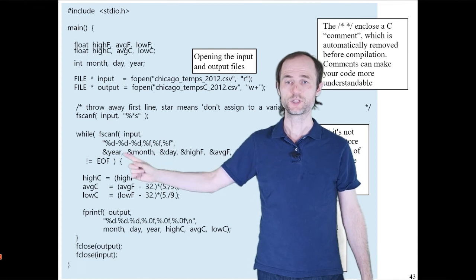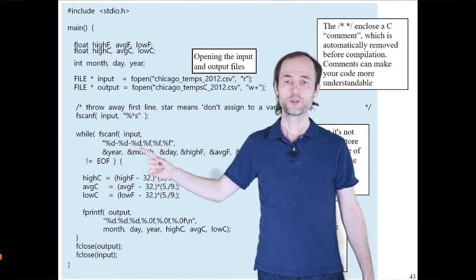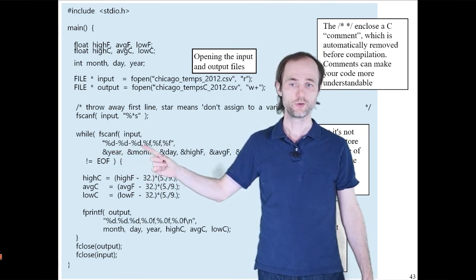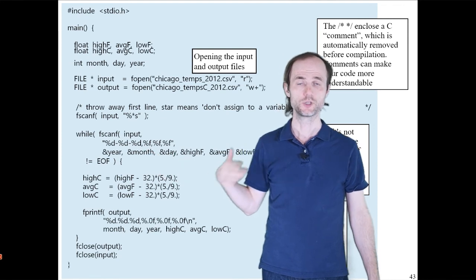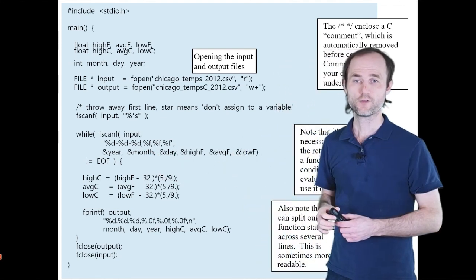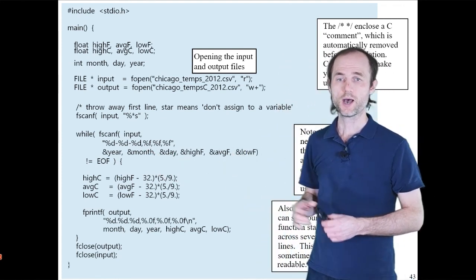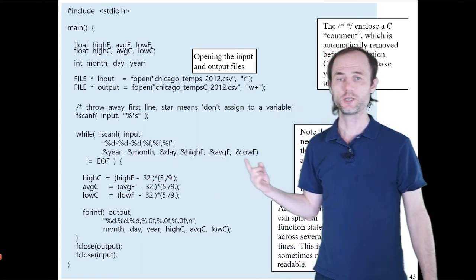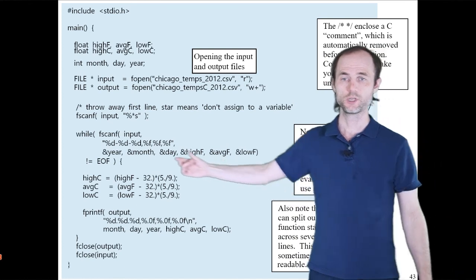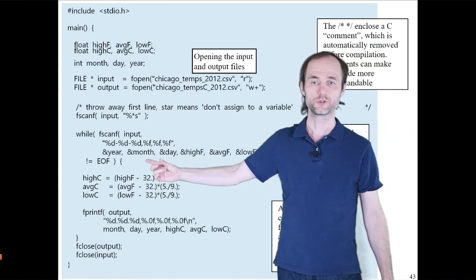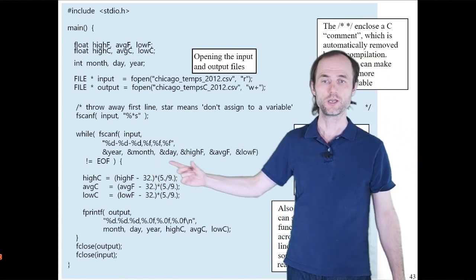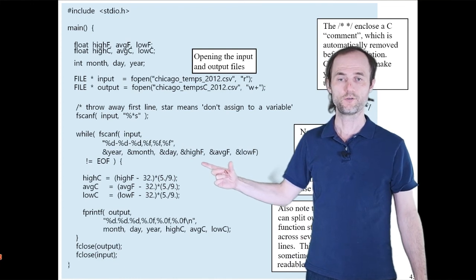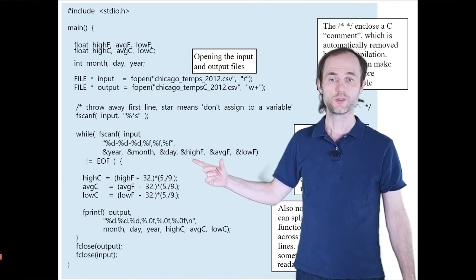This is the format specifier: the 3 integers forming a date and 3 floats giving us the high, average, and low temperatures. We're going to provide the addresses for each of these 6 variables: 3 variables describing the date, the year, month, and day, and 3 variables describing the temperatures, high, average, and low for every day.